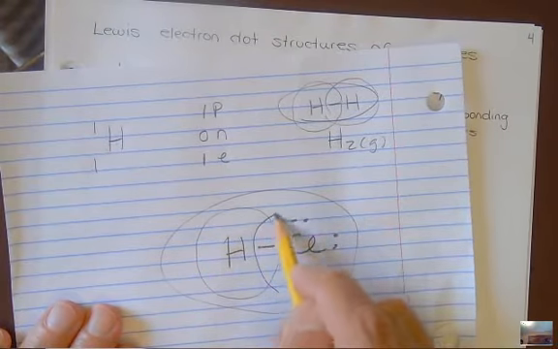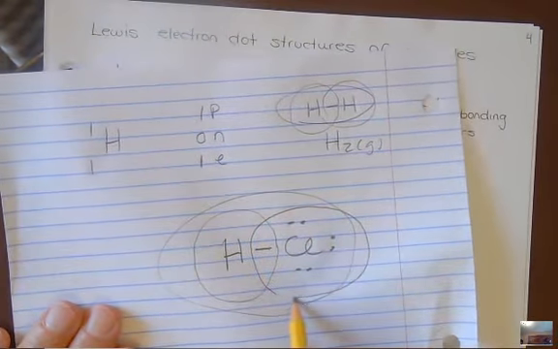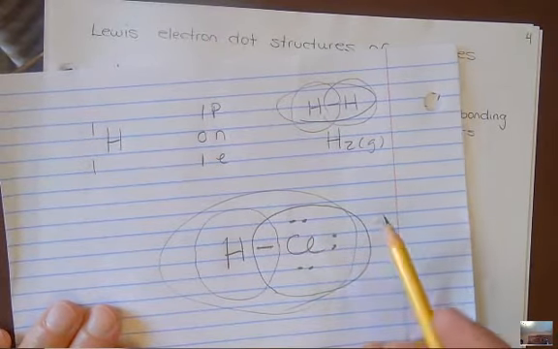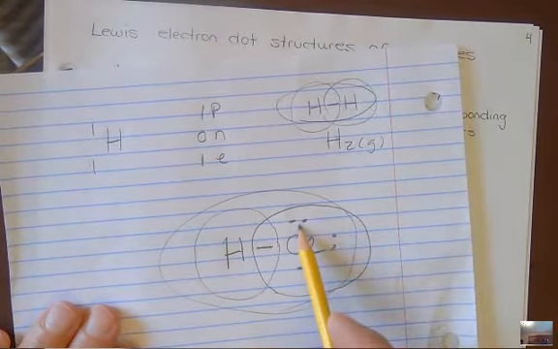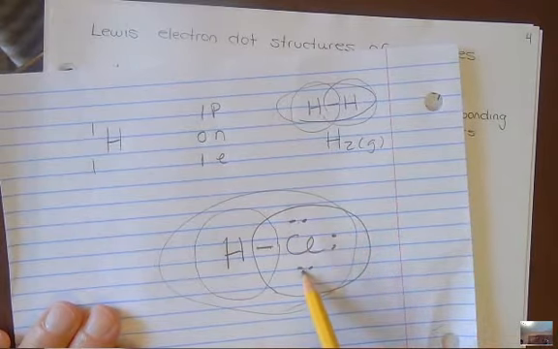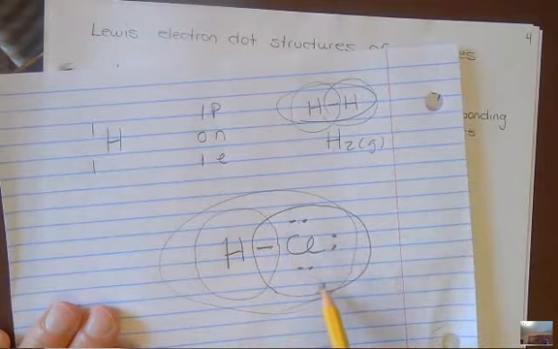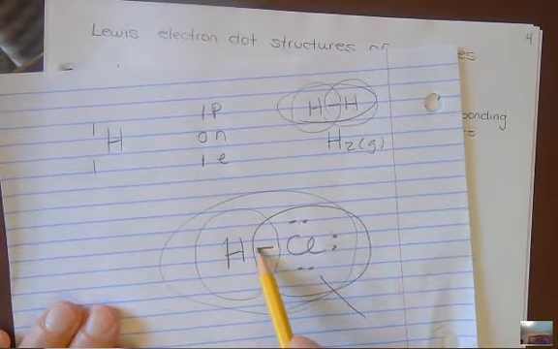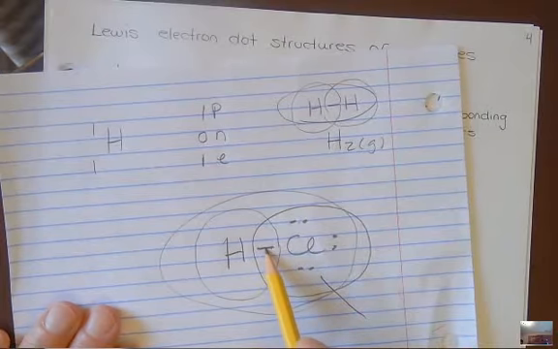When you share something, you kind of say, oh, it's mine, right? And then here's chlorine situation. How many total electrons does it have around it? Surrounding it? It's totally satisfied with 8. 2, 4, 6 that it owns by itself, and 2 that it's sharing with hydrogen, but it's still 8. It's so cool. You're allowed to double count. Any of the shared pairs get counted for both sides. Okay?